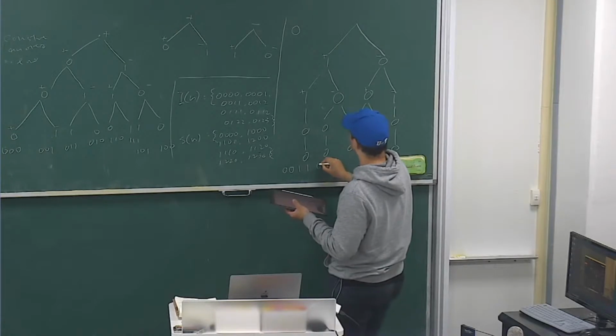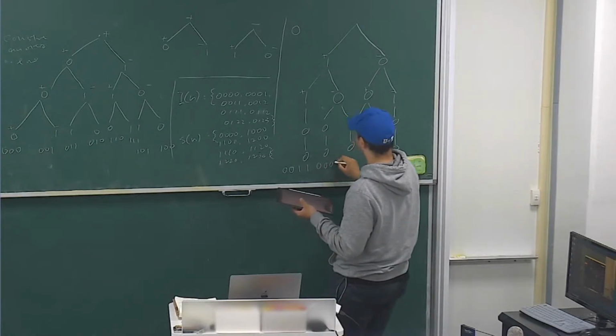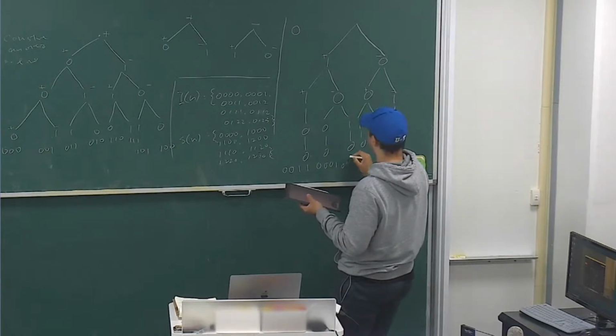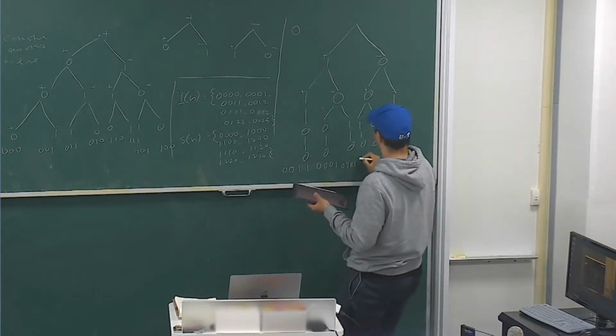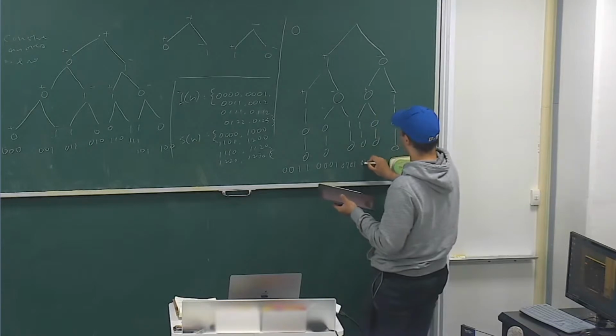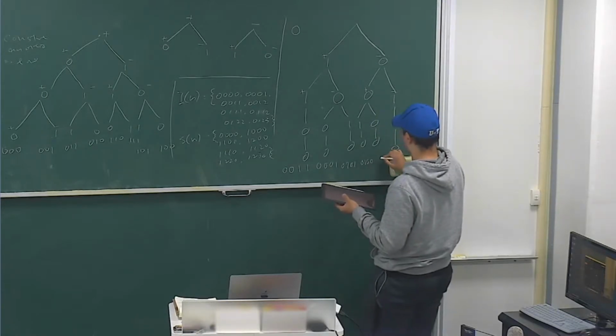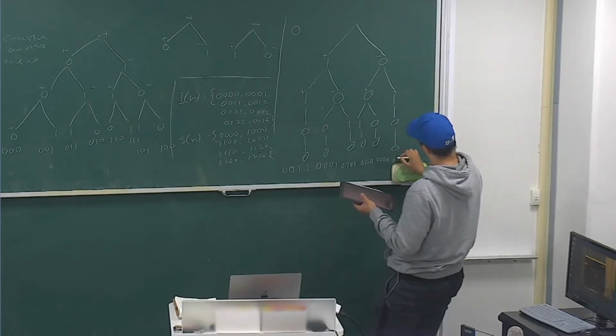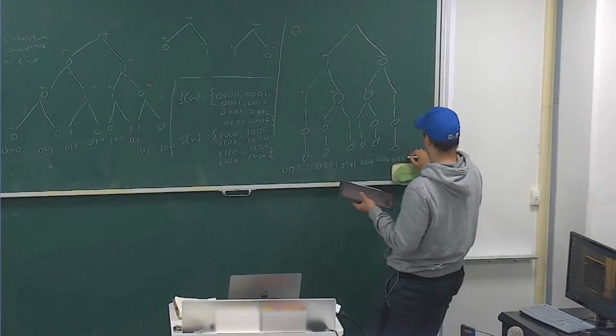This will be 0, 0, 0, 1. This one will be 0, 1, 0, 1. This one will be 0, 1, 0, 0, etc. 0, 0, 0, 0, and then finally 0, 0, 1, 0.